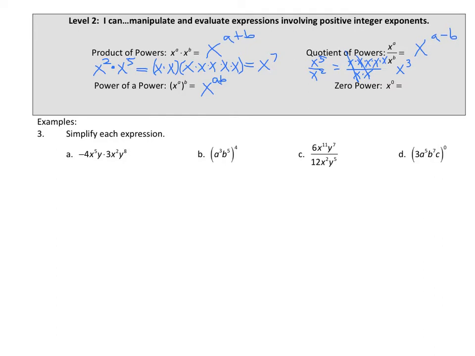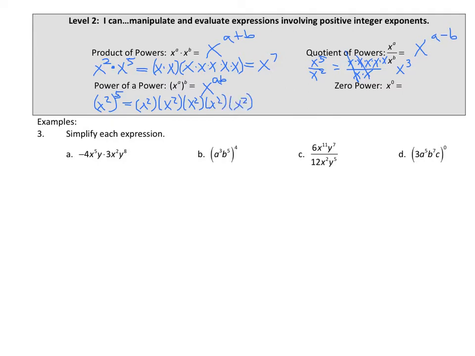The reason this works, say you have x squared raised to the fifth power. This would be 5 x squareds multiplied together. So x squared times x squared times x squared times x squared times x squared.